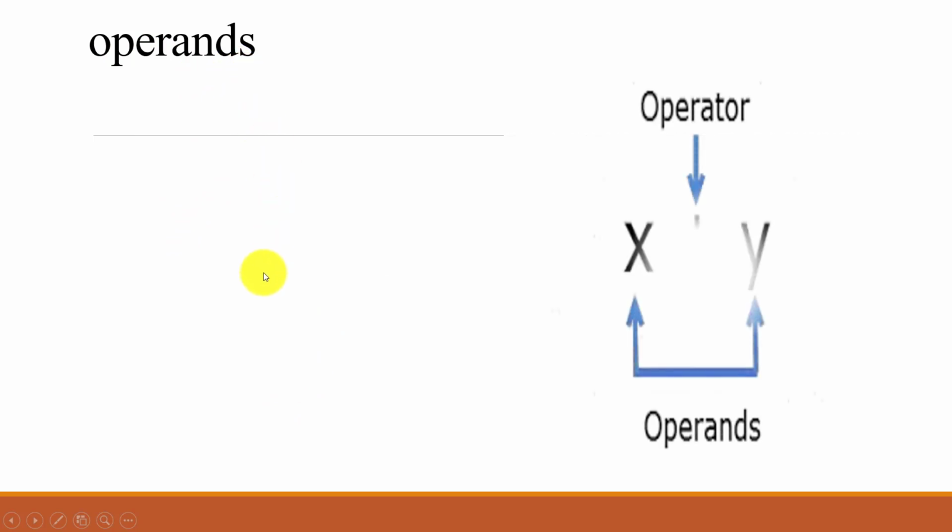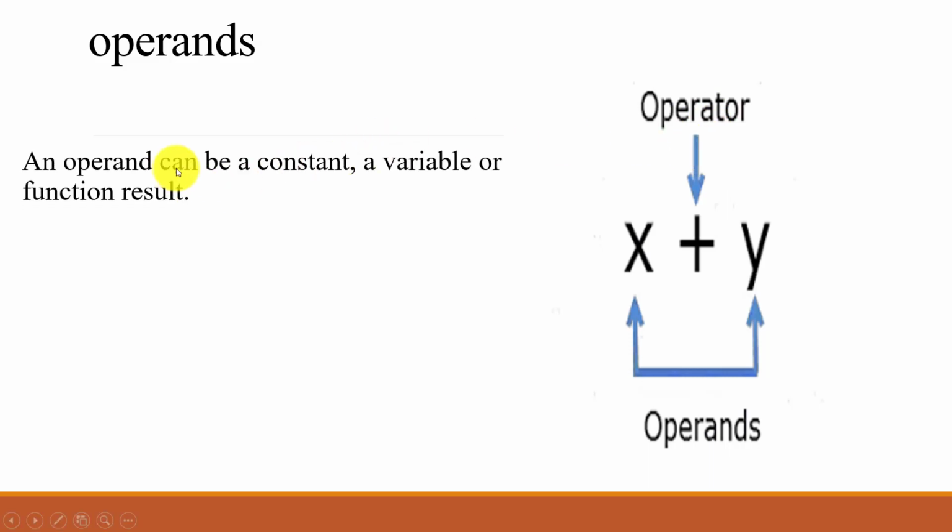Now let's understand what is meant by operands. Just now we discussed that an operator is nothing but a symbol. These symbols, or operators, perform the operation on variables or values. So an operand can be a constant, a variable or a value, or it can store or give a function result. Take x plus y.